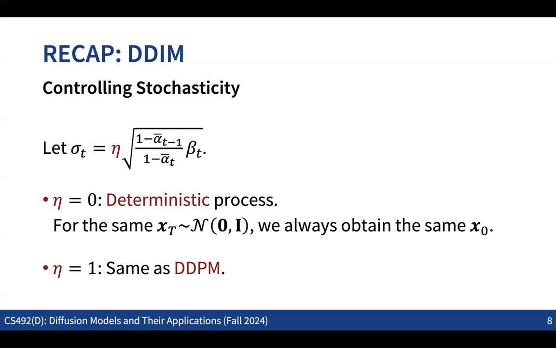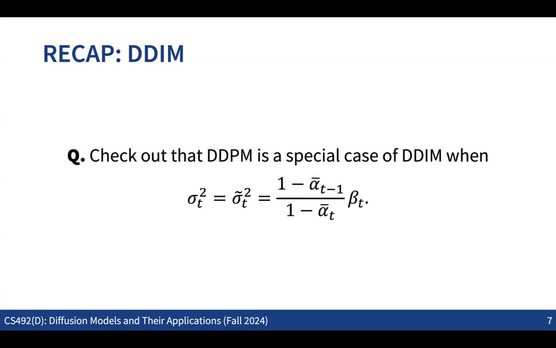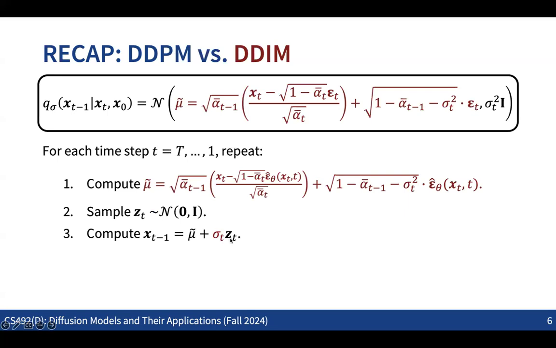And also the very interesting part here is that now we can make the whole reverse process a deterministic process. There is nothing sampling noise here. If we set this sigma to be 0, then we can just strictly use this mean, which means that once we sample the x_T from the prior distribution, the final output x0 will be determined from the initial sample of x_T.